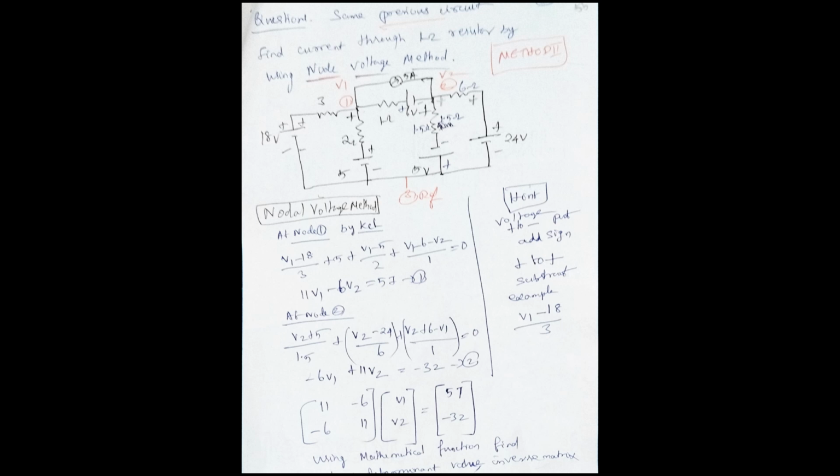So (V1 minus 6 minus V2) divided by 1 is equal to minus 2.53 amperes.